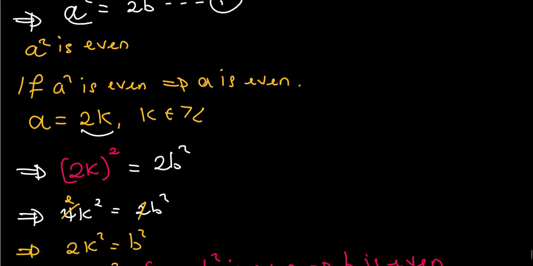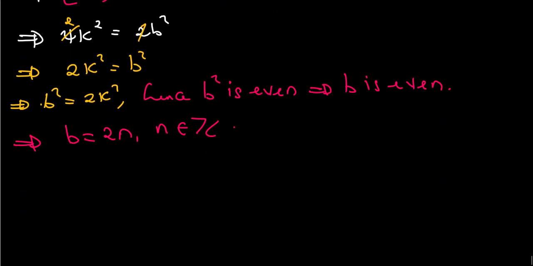But here we have the value of a to be 2k and the value of b to be 2n. Let's simplify this further so that you understand. If we go back to our initial assumption that the square root of 2 is equal to a over b, let's replace the value of a, which was 2k, and the value of b, which is 2n.